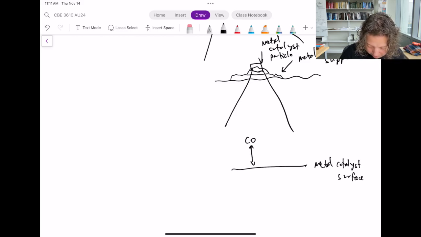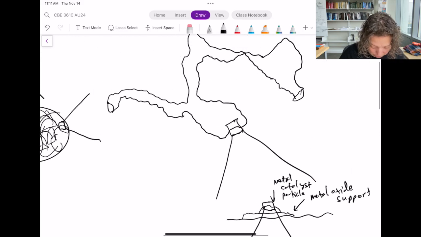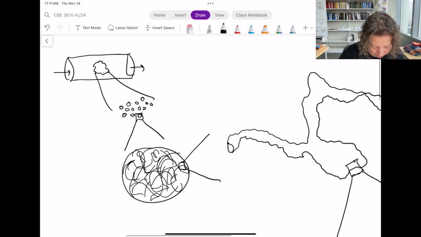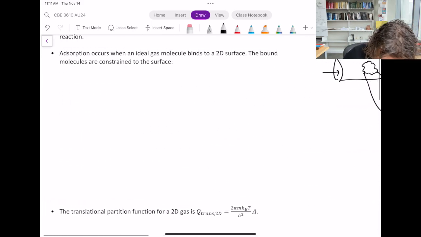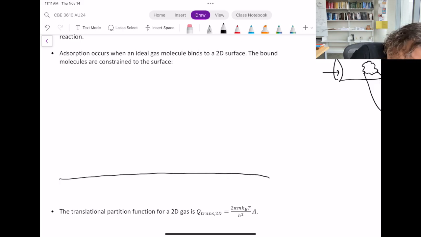So now let's back out of all of that. Come back over here. Adsorption is going to happen when I have molecules, and let's say I can continue to have carbon monoxide, but I'm going to approximate carbon monoxide as a sphere. So I have gas molecules, and they're whizzing around.